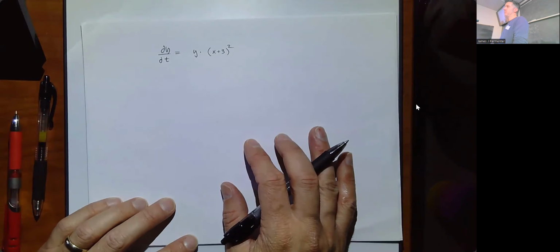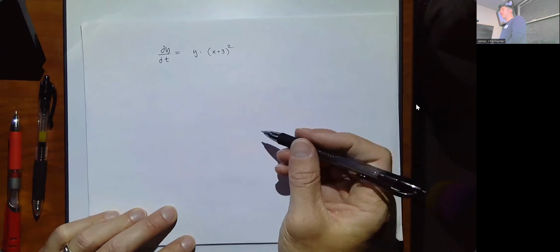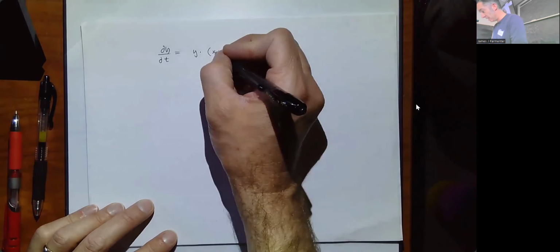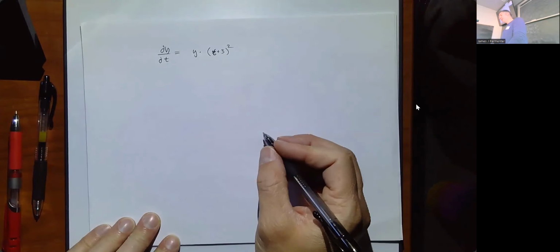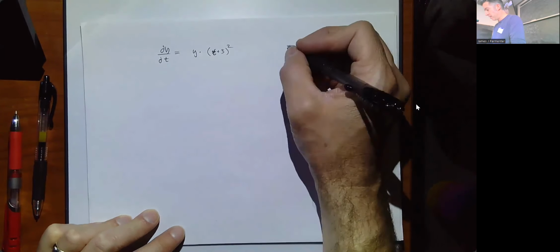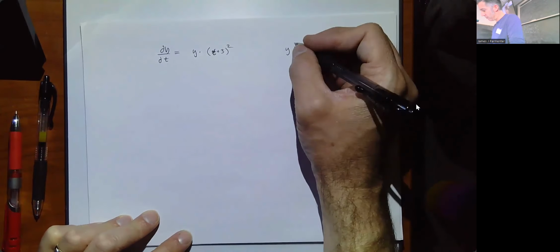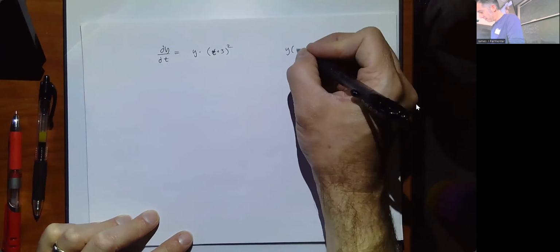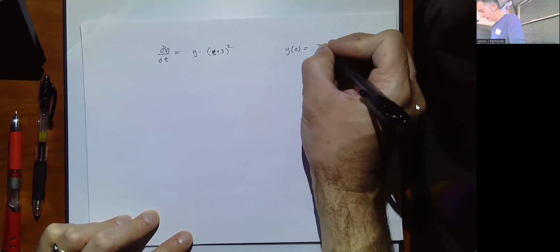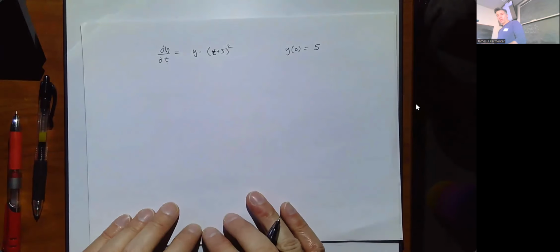I said dy/dt equals y times x plus 3 squared, but I should have said t plus 3 squared. Sorry about that. And let's say that we know that y of 0 is equal to 5, which will allow us to solve for c.